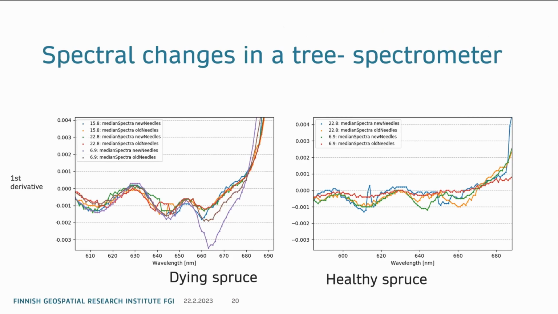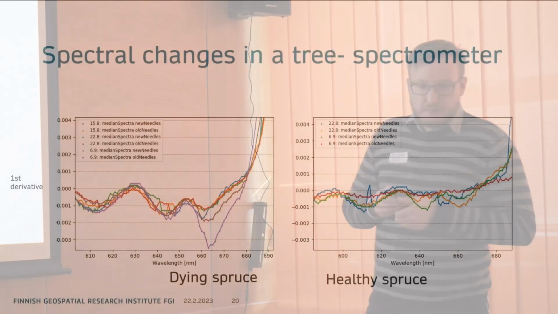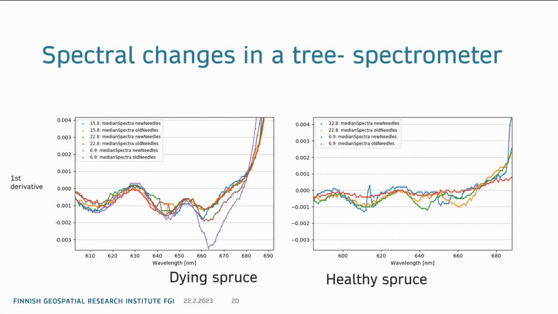And this is the first derivative of the spectra. So basically we find the same spectral bands where the first signals were visible. Here we showed that we collected the new needles and old needles spectra, and noticed that actually in the new needles the change is faster.